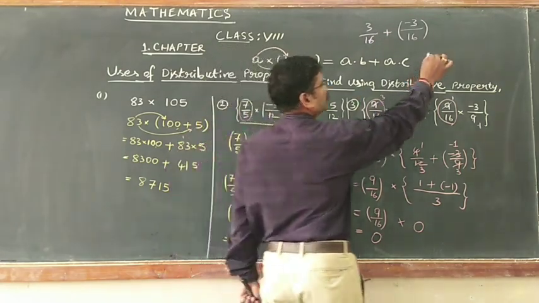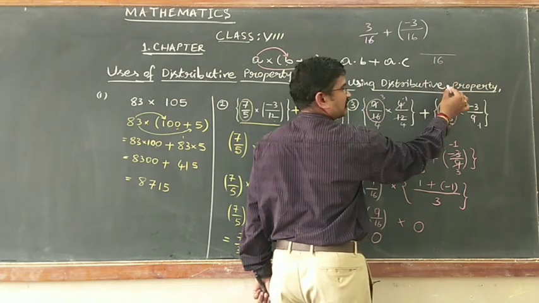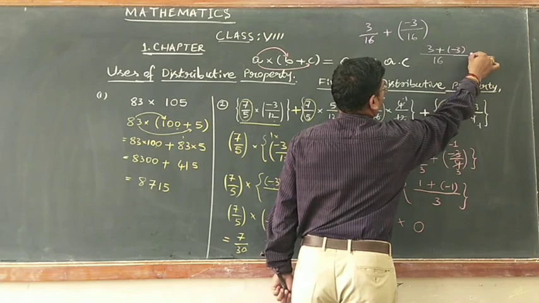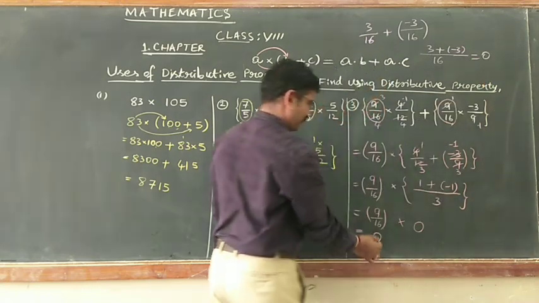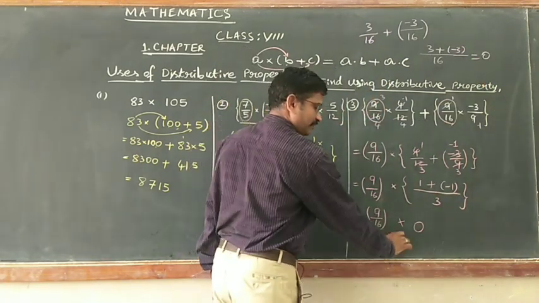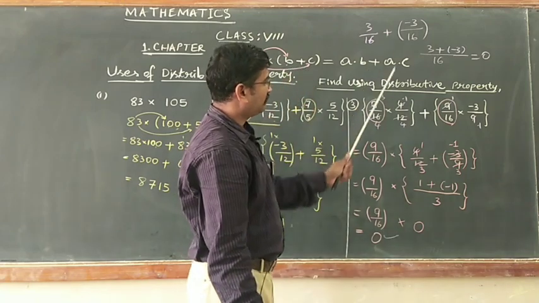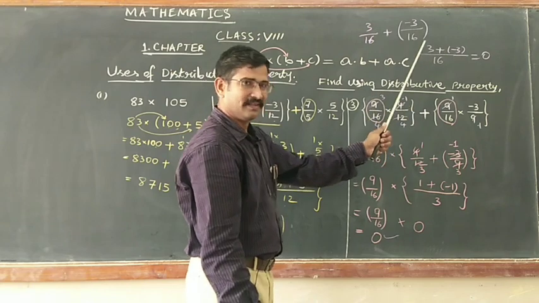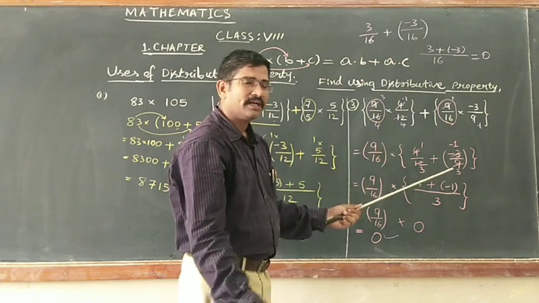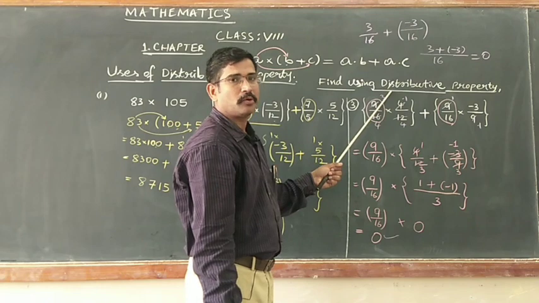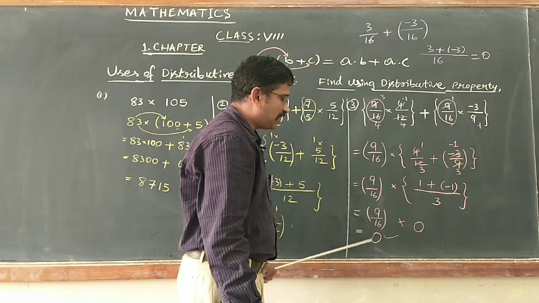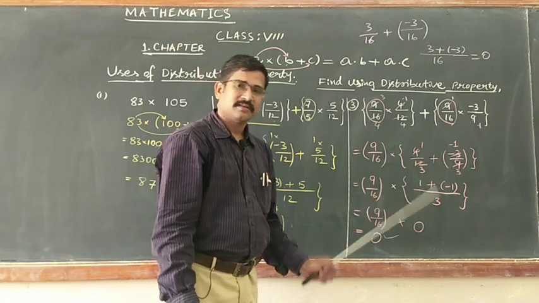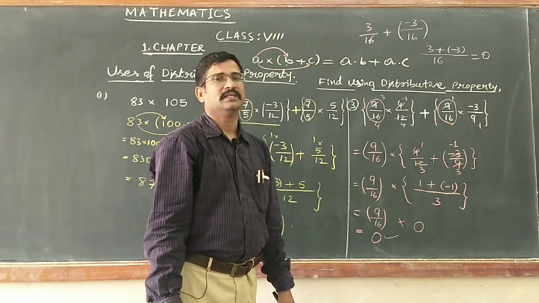Both are like rational numbers, their LCM is 16, and 3 added to minus 3 gives 0 only. Same. But here you have to do cancellation and further simplification, which will also give the same answer, provided using the distributive property, we can do it in a simple way, easily. This is the advantage of the distributive property.